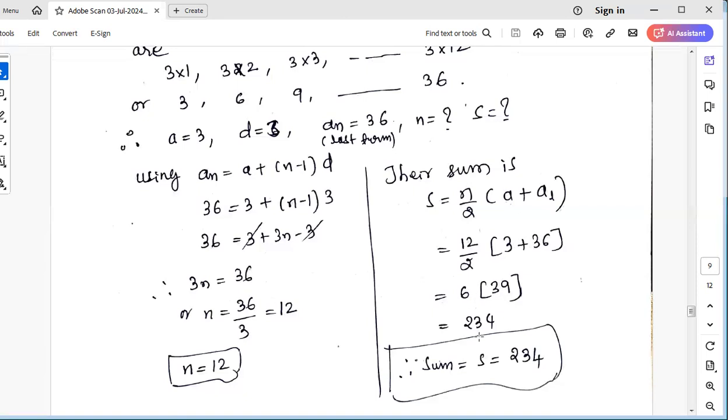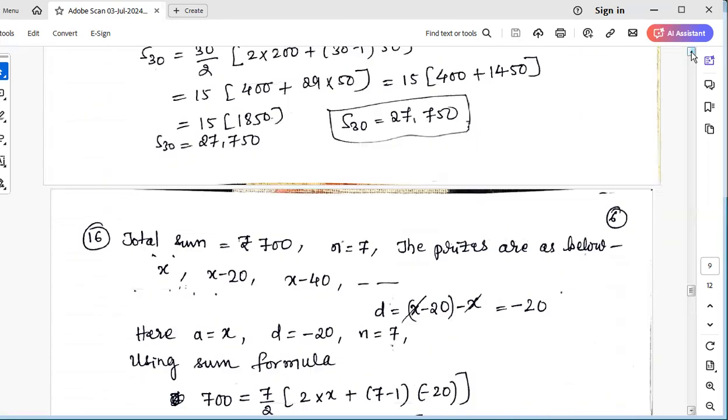Then 39 into 6 is 234. So the sum of the 12 terms in this AP is 234. So the problem is solved. That means a total of 234 trees are required for the plantation by the students from first standard to 12th standard.